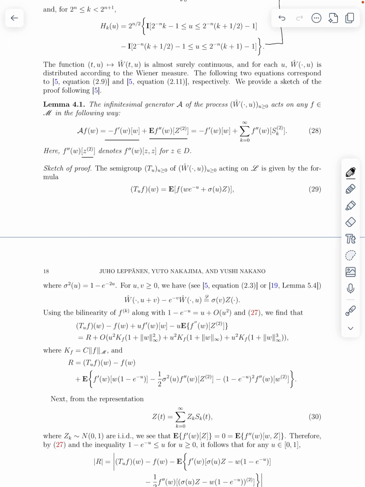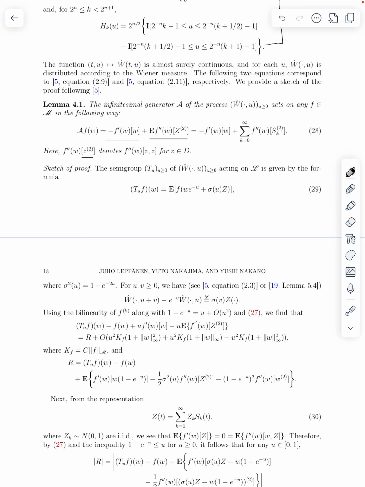Okay, and because we have this nice representation, it's clear that when you take the expectation, due to bilinearity, the only thing that survives is the terms where k agrees. So this gives the actual form, and we want to give a proof of it.